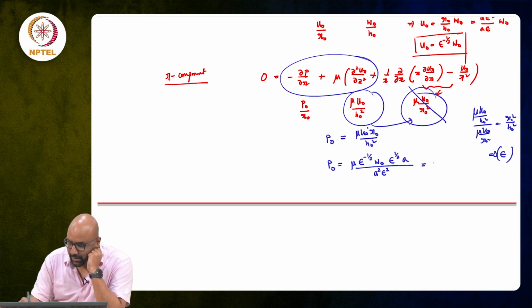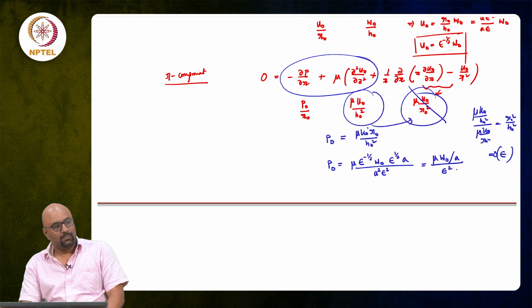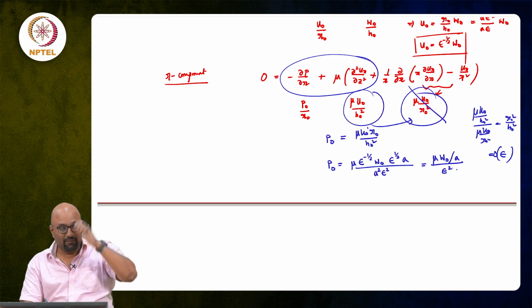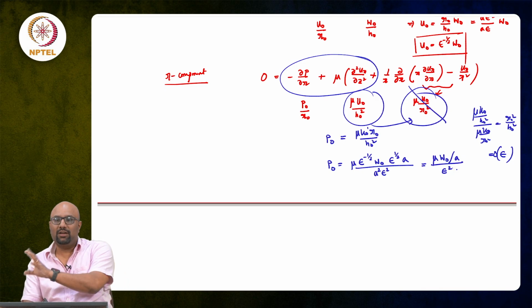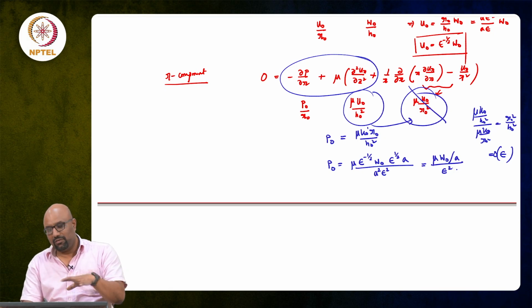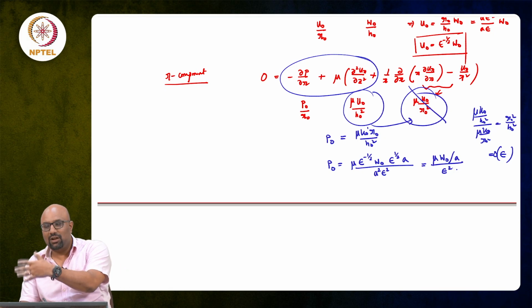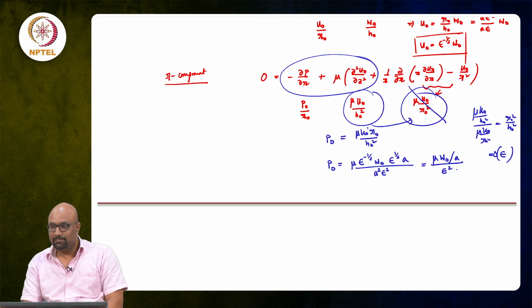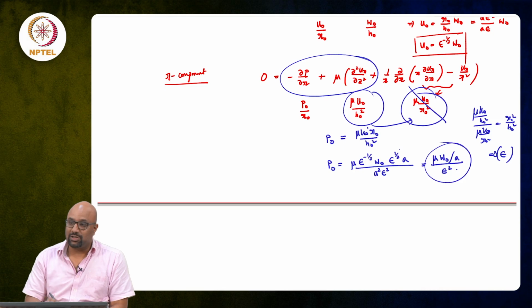So, what do you get here as your pressure scaling? Mu W naught by A divided by epsilon square, right. This is an important result here. The scale of pressure, we will work out what the exact form is. So, now what is left here is to find whatever is the additional non-dimensional function that we need to calculate here. We have found the scale of pressure.